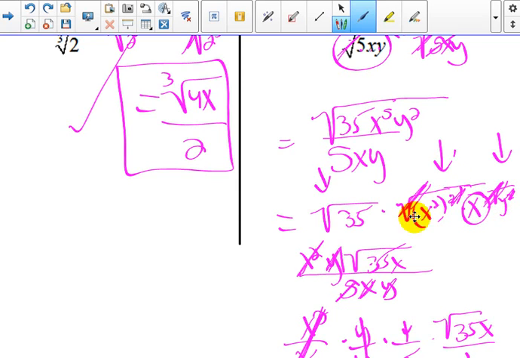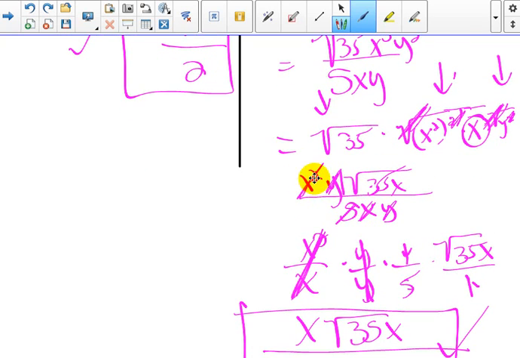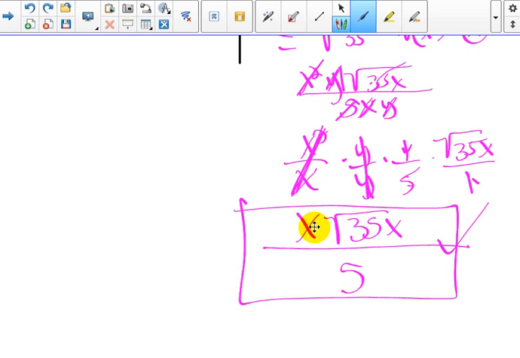So what comes out is x squared y out here, and you're left with square root of 35x over 5xy, and then you cancel out your x and y's, and you get your final answer is x times the square root of 35x over 5.